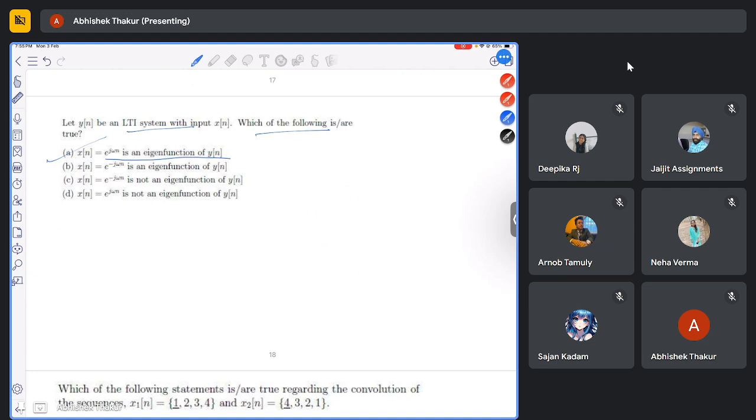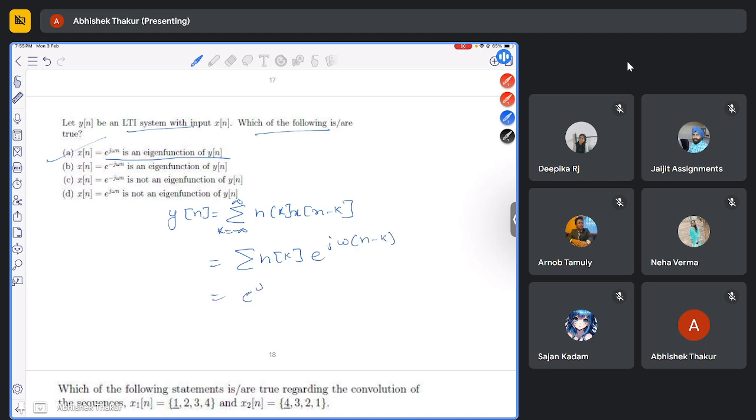Okay, we can write also y of n is equal to summation of h(k) x of n minus k. So this is our equation of convolution. So this we can write as summation of h(k) e to the power of j omega (n minus k).